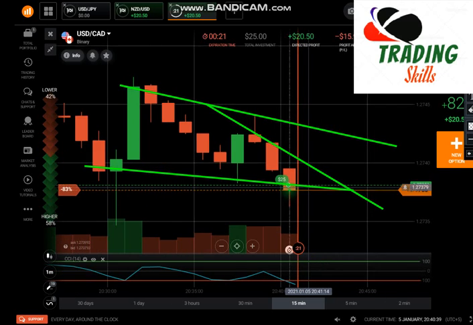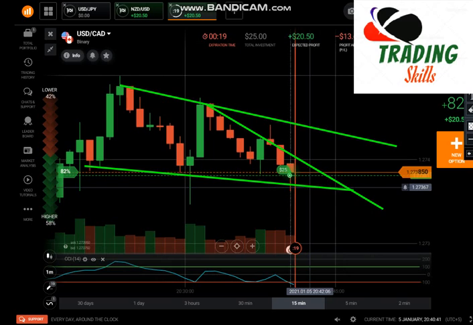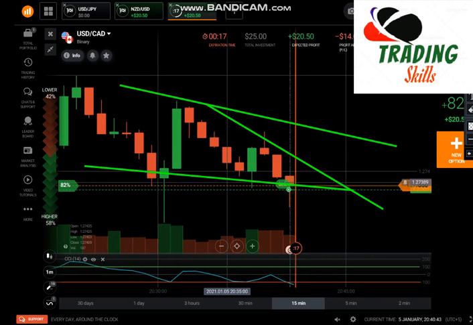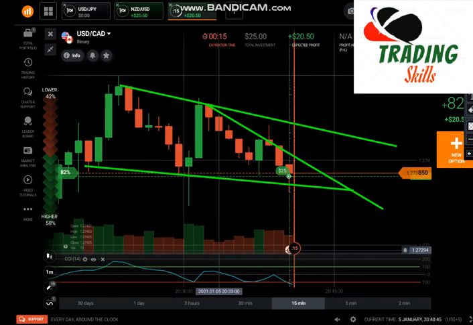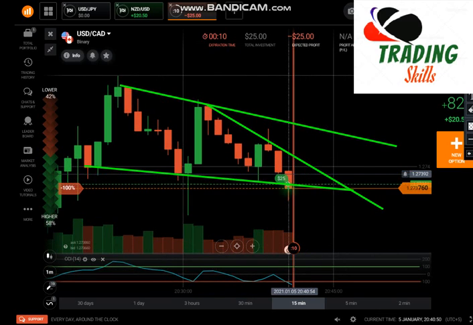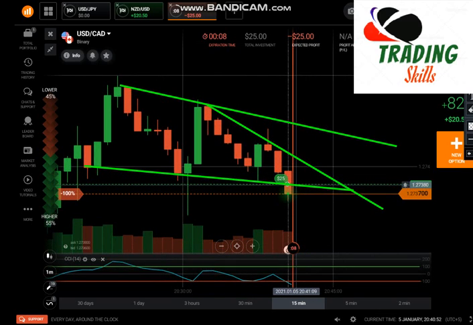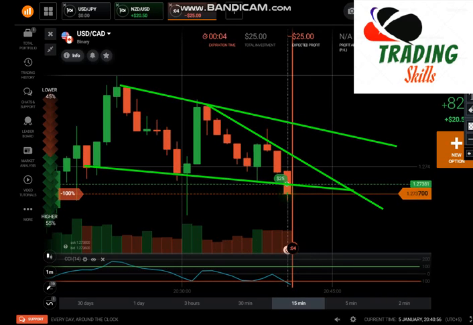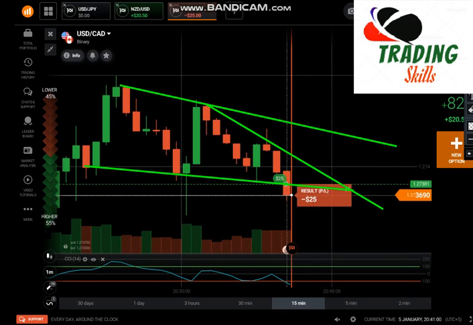For me the market will close above my entry point, so let's see what happens. I took it because that area was a reversal area. Okay, so I lost my trade because of wrong analysis.